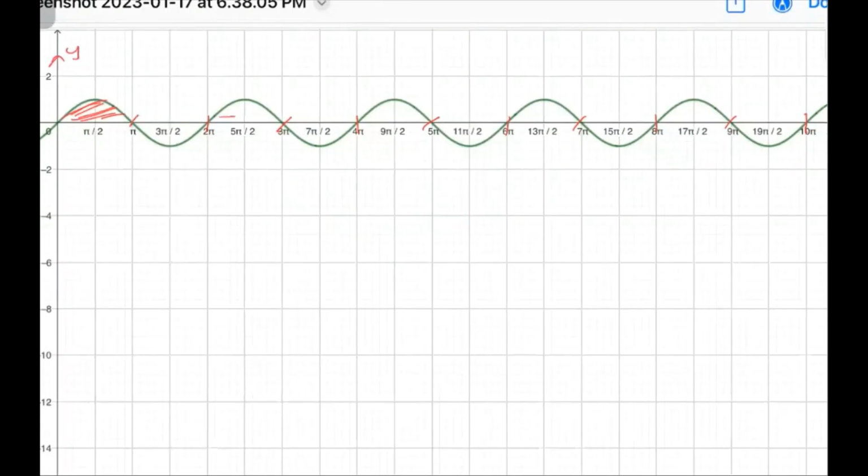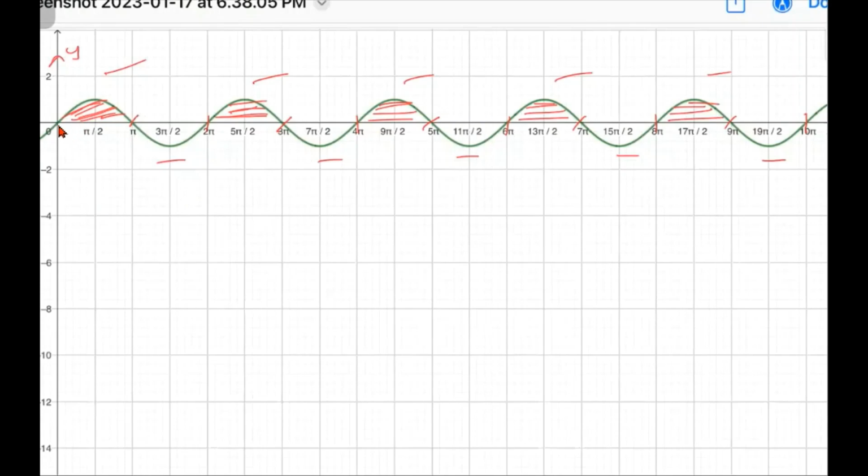Again, between 2 pi and 3 pi, positive. Here again, positive, positive, positive. So you have 1, 2, 3, 4, 5 intervals positive, and 1, 2, 3, 4, 5 intervals negative. So here the curve is symmetrical.